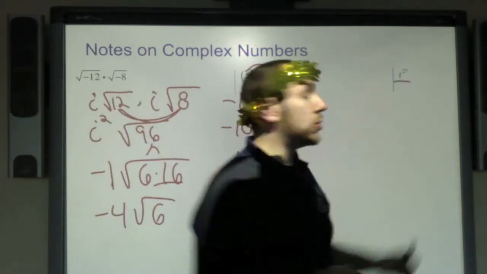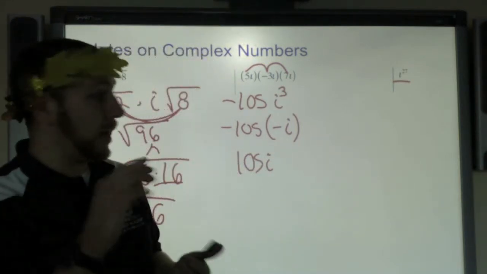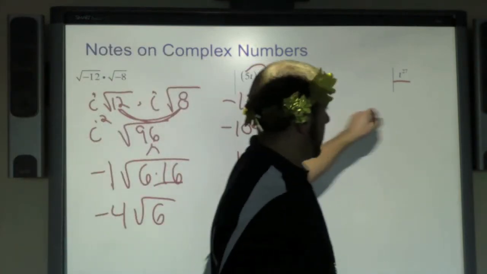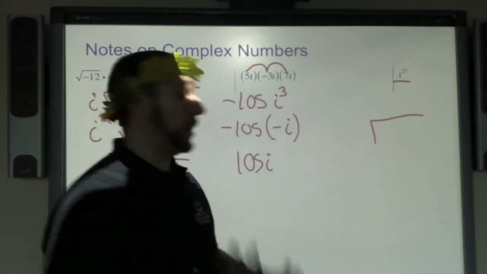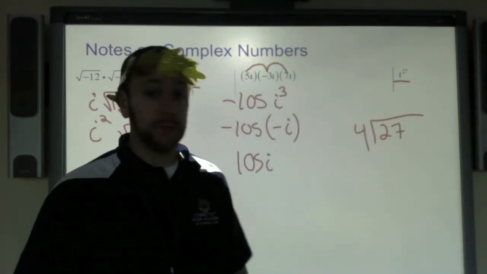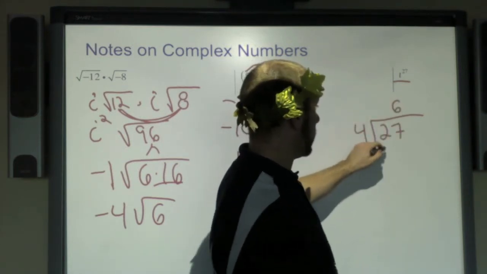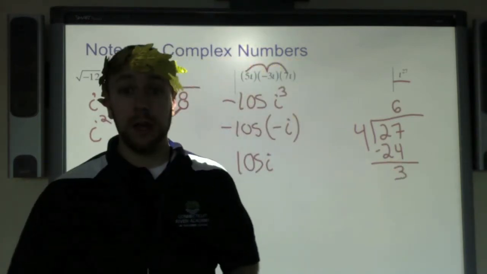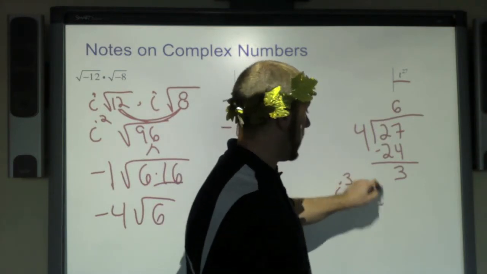And when I'm reducing i to the 27th, I don't know what that is. But I know that i to the fourth is 1, so then everything's going to repeat. So if you remember back to elementary school, there was this thing called long division, and we do it here. So we take 27, and we divide by 4. So 4 goes into 27 6 times. 6 times 4 is 24, and then subtract them, and I'm left with 3. That means my answer is actually going to be i to the third, which is negative i.